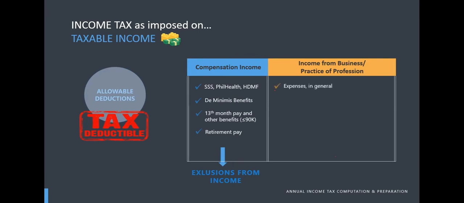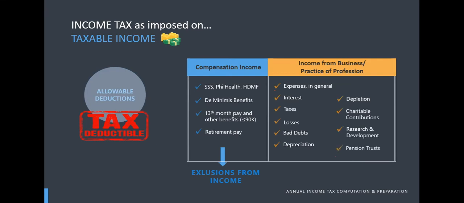While income from business or practice of profession, we have expenses in general, interest, taxes, losses, bad debts, depreciation, depletion, charitable contributions, research and development, and pension trust. So these are deductions.